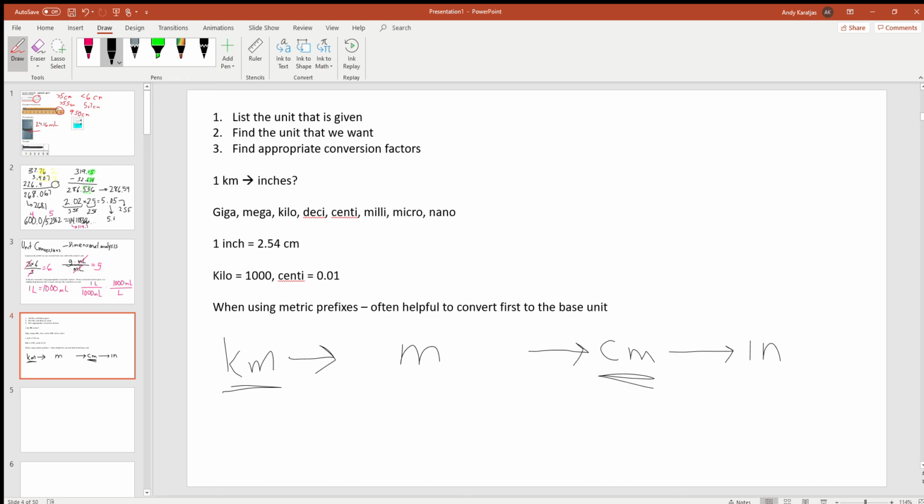So now that we know how we need to do this, let's go ahead and do this question. How many inches are contained in 1 kilometer? So 1 kilometer, we're going to convert first to meters. Now we know that there's 1,000 meters in 1 kilometer.